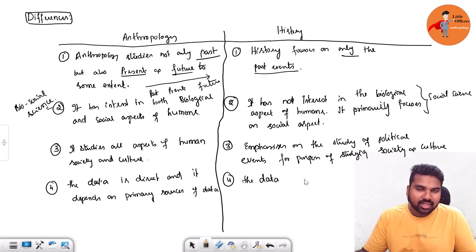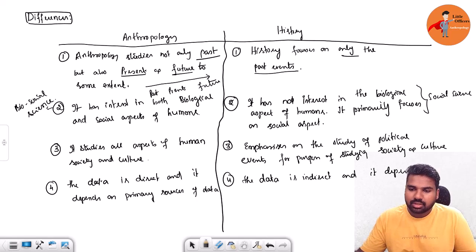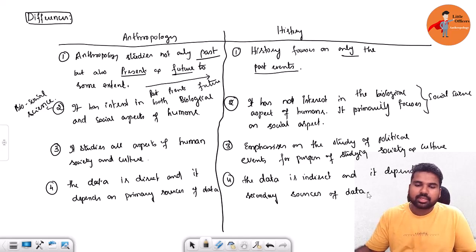He did not write that book, whatever the reference book that person is taking, by himself or herself. The data is indirect and it depends on secondary sources. Secondary sources of data means the data is collected by somebody for their purposes and you are using that data. This is called secondary sources of data.